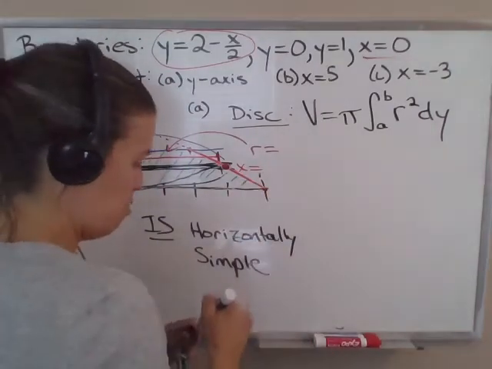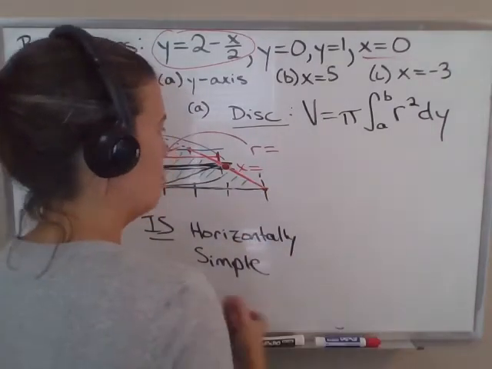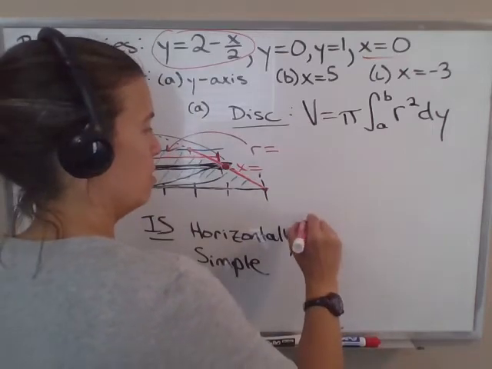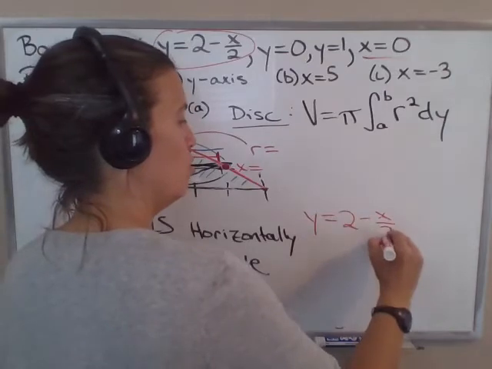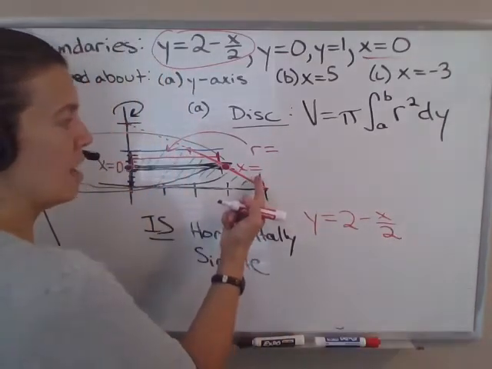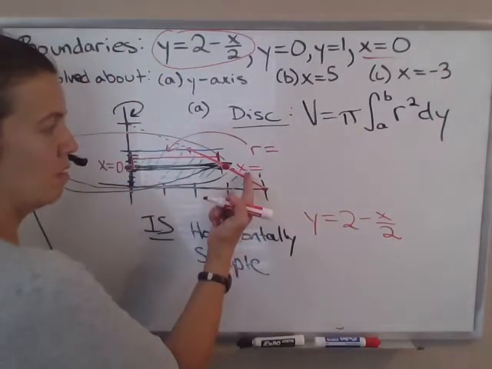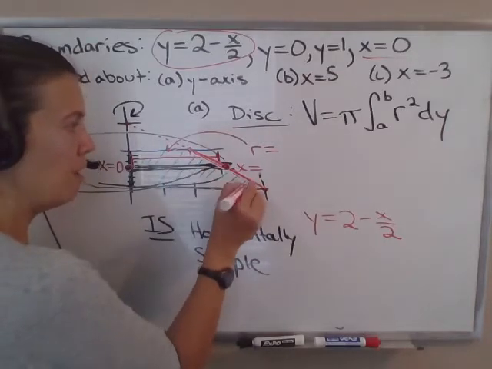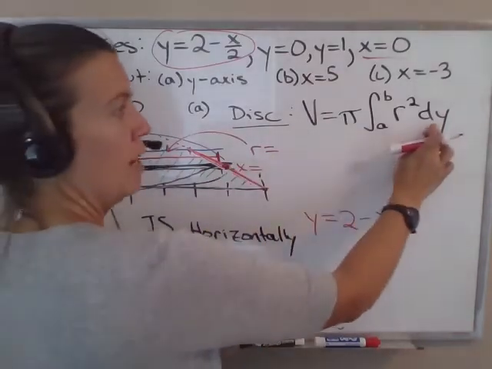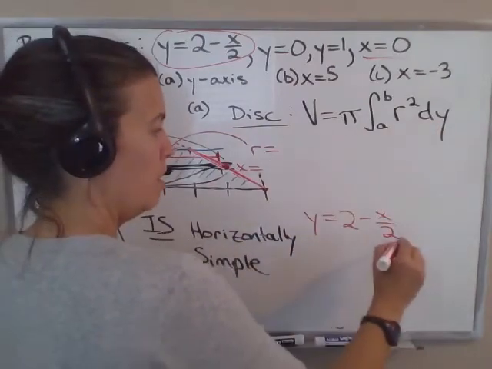It's this boundary, maybe I'll write it in red, that is coming from this equation, y equals 2 minus x over 2, but we want it expressed in terms of y. We want to express the one specific x value written in terms of y, because we're going to integrate in terms of y.